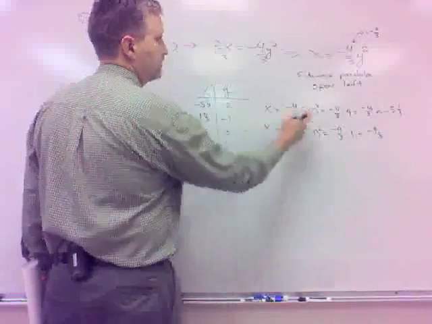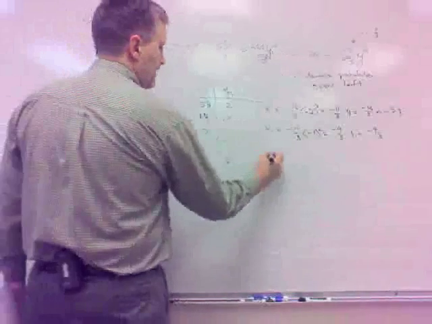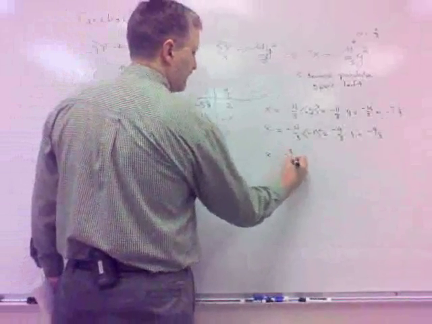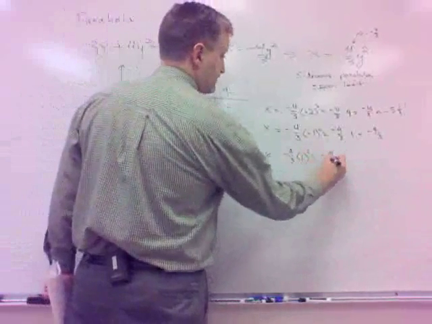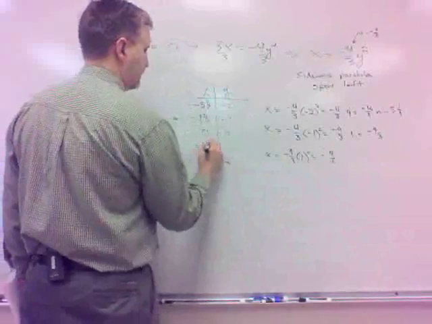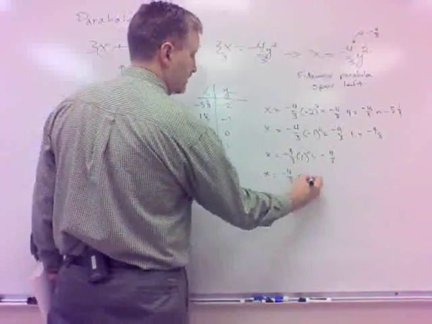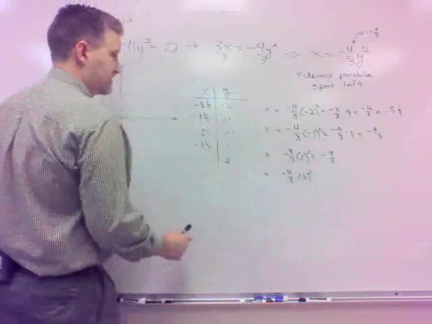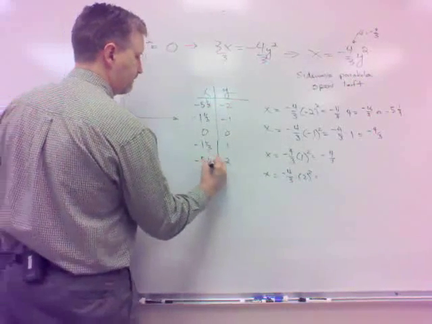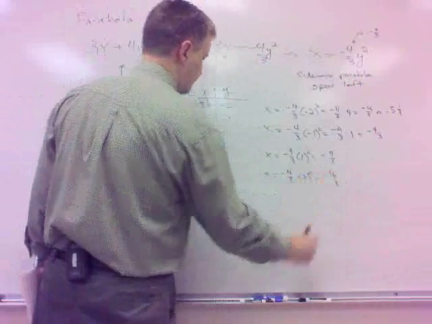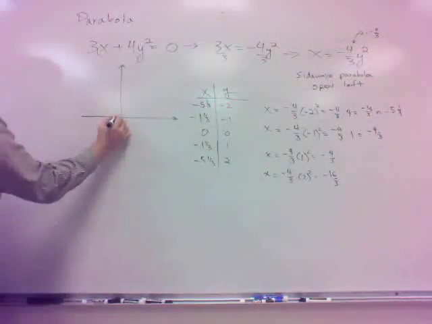Y is 0, x is 0. When y is 1, x equals negative 4/3 times 1 squared, that's going to be negative 4/3, negative 1 1/3. And then y is 2. Well, that's going to be just like when y is negative 2, negative 16/3. Lots of symmetry there. So that gets us a sideways one, doesn't it?